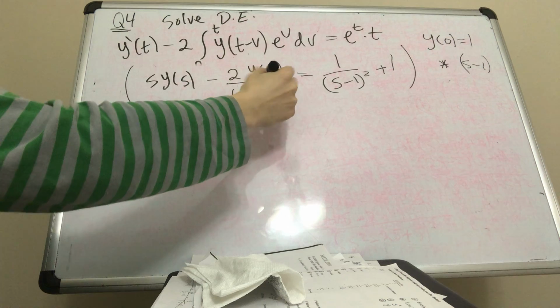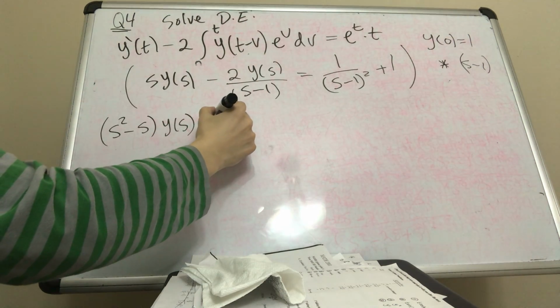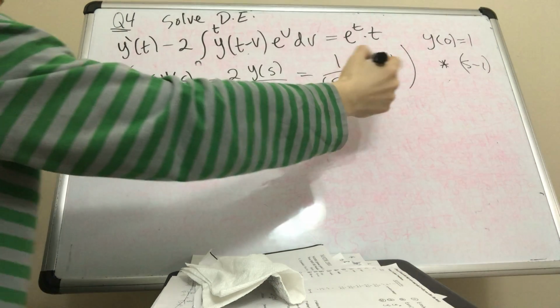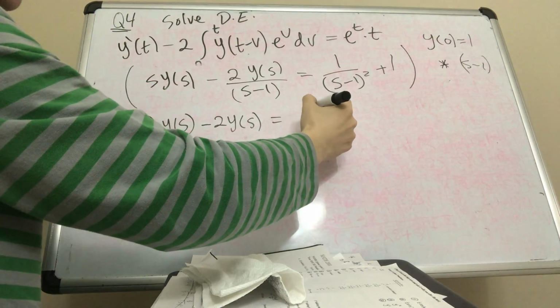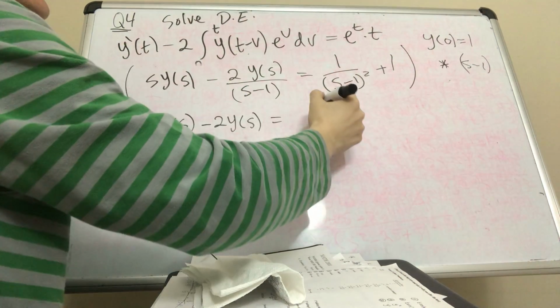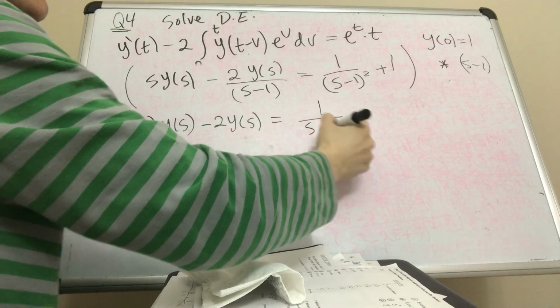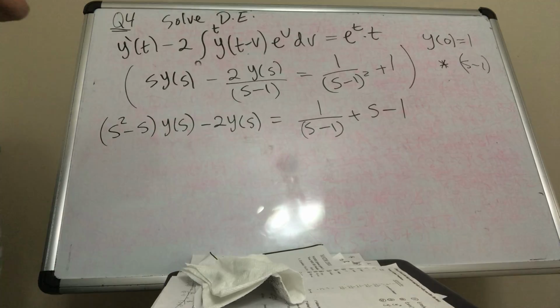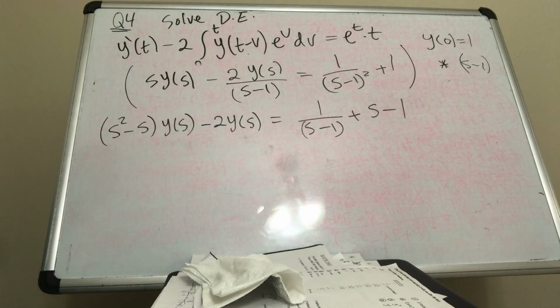This time the s minus 1 cancels the bottom, so you have minus 2 y of s. And this times s minus 1, you cancel one of the s minus 1's in the bottom, and 1 times it becomes s minus 1.